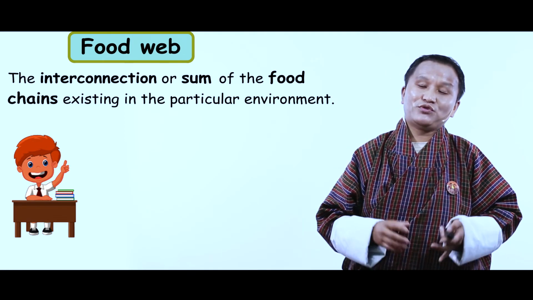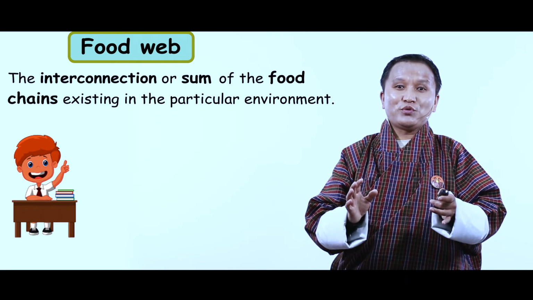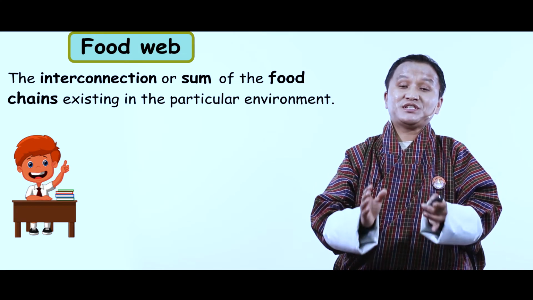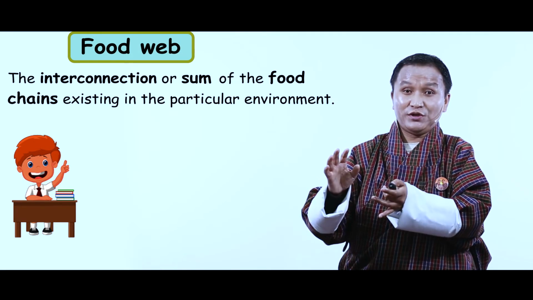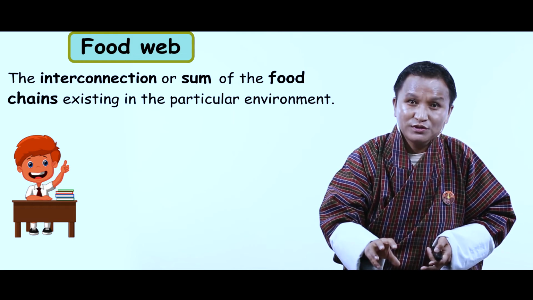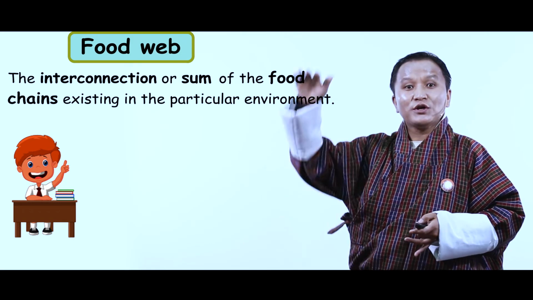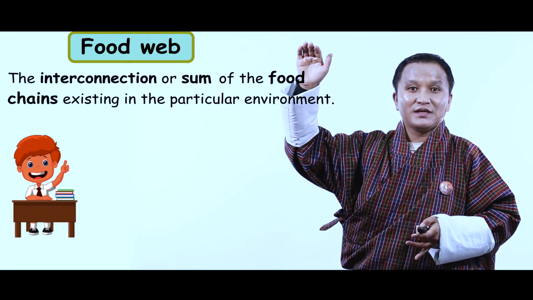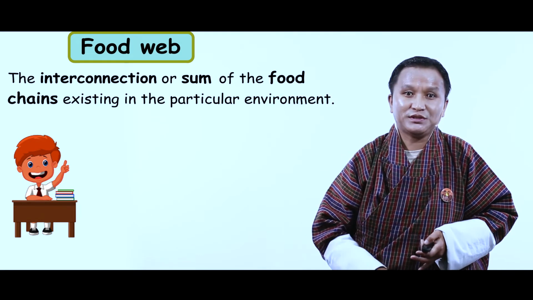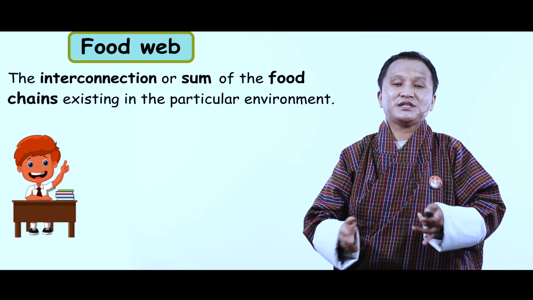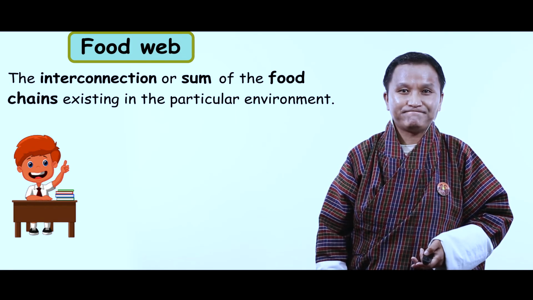But in short, what you have to understand is that a food web is the representation of transfer of energy from the energy source for the living things, that is from the plants, to the topmost level, that is the tertiary consumers, about which we will be discussing in the later part of the session.